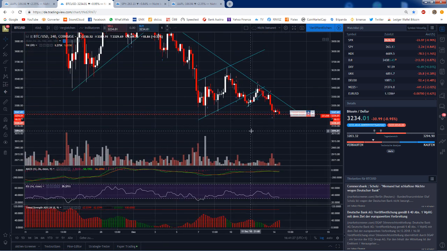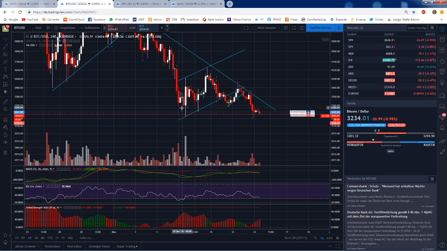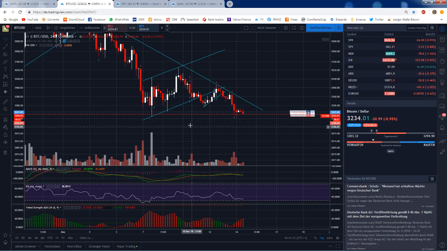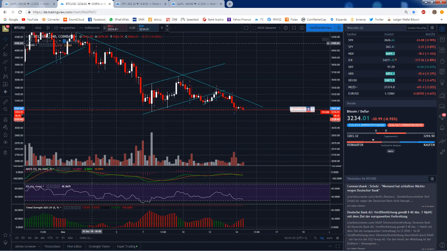So what we are now forming, like we had a bear flag, then a break of it, a retrace a bit above it, but I wasn't concerned since we had this trend line right here coming, and also just many resistances. So I expected to move lower, which happened.